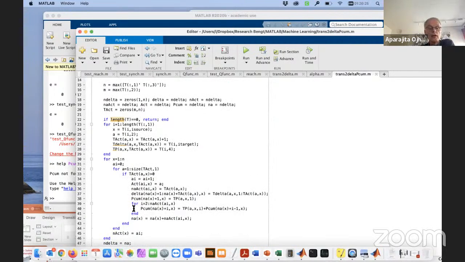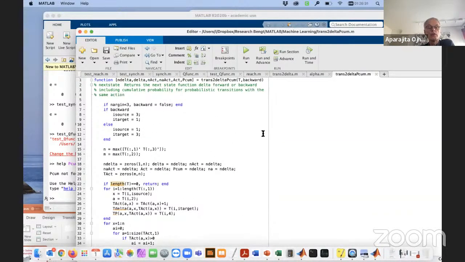Yeah, and here there are obviously some added features related to that, but I think I have to leave that for yourself. Okay, next state returns the next state function delta forward or backward, including cumulative probability for probabilistic transitions with the same action. So it obviously has to do with the probability transitions.